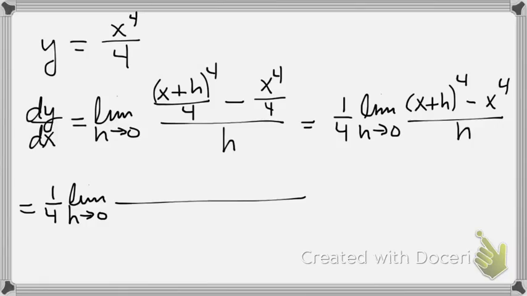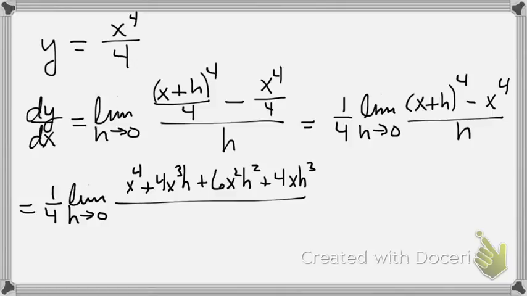So this means I have 1 x to the fourth plus 4 x cubed h plus 6 x squared h squared plus 4 x h cubed plus 1 h to the fourth.